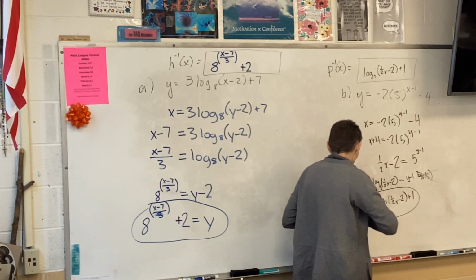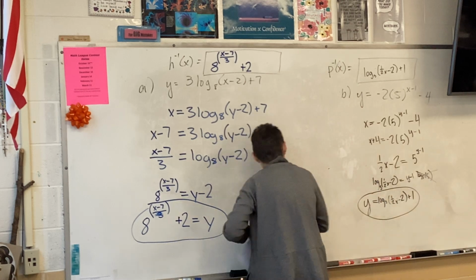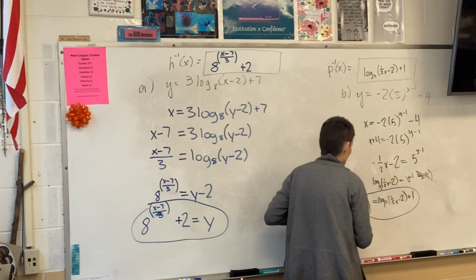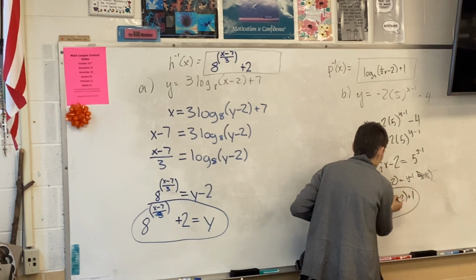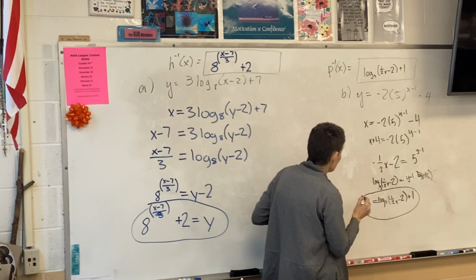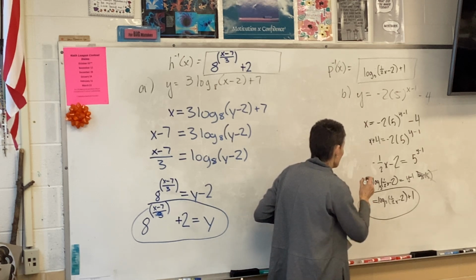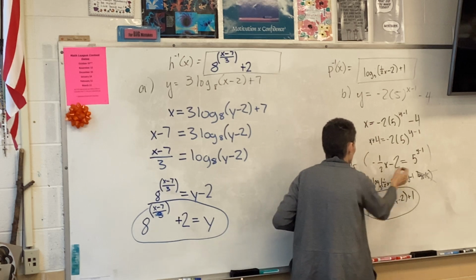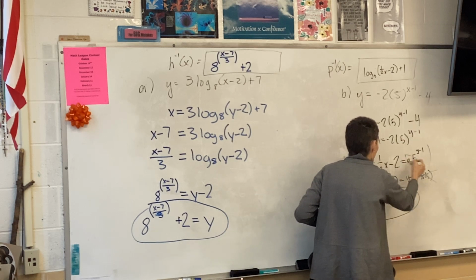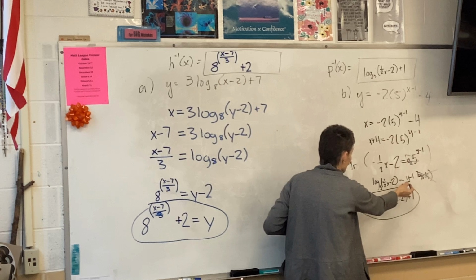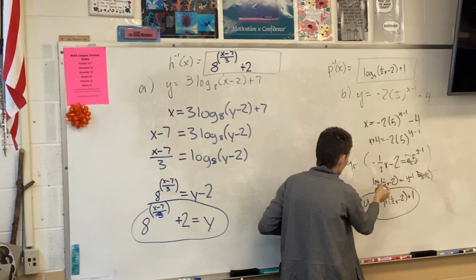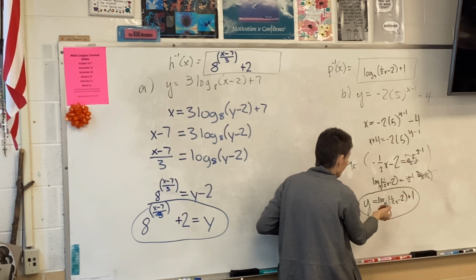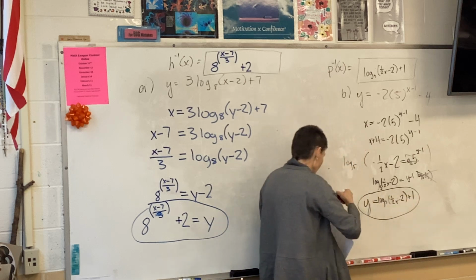Yeah. And then they took log base 5 of both sides. That went away and they were left with y minus 1 equals log base 5 of their expression. Then they added 1, that looks good.